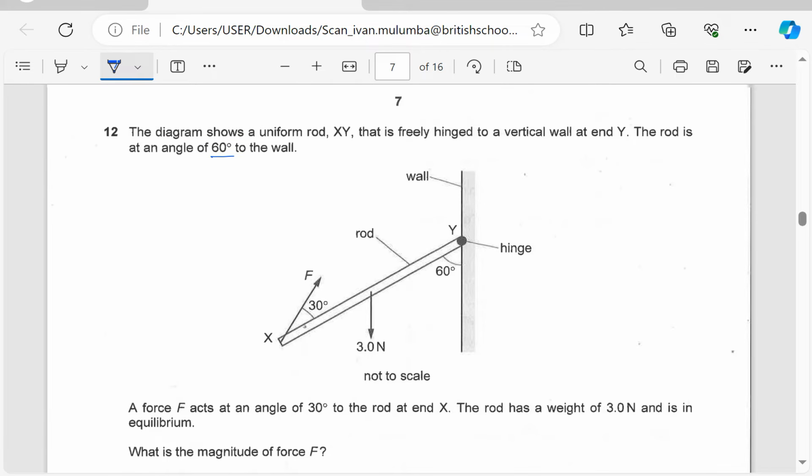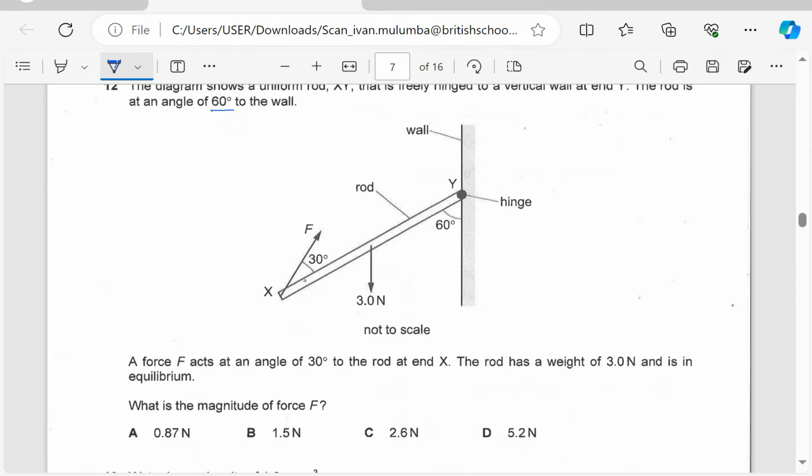Remember, it was a uniform rod, so if I said the whole of this distance is d, it means the distance from the center to this point is going to be half d, or d over 2.